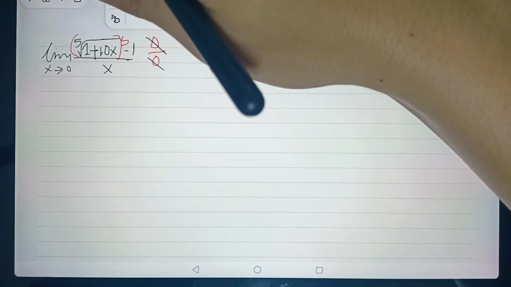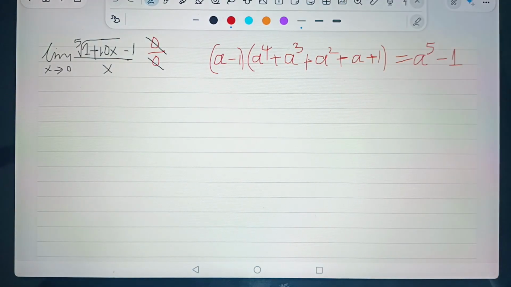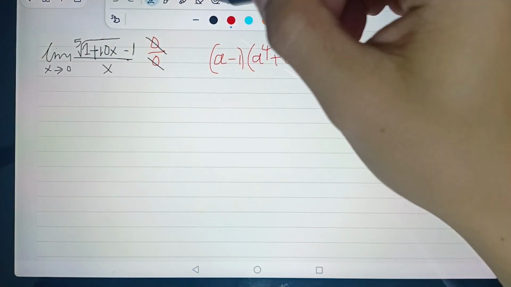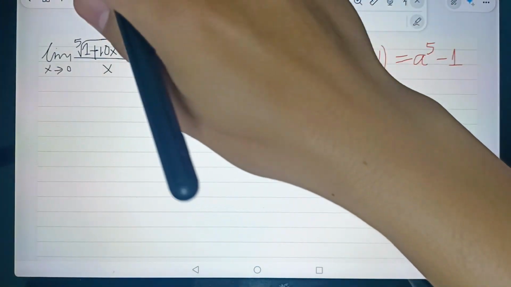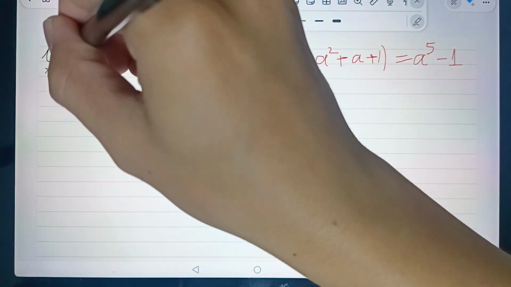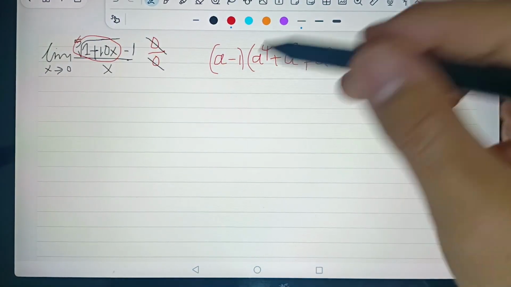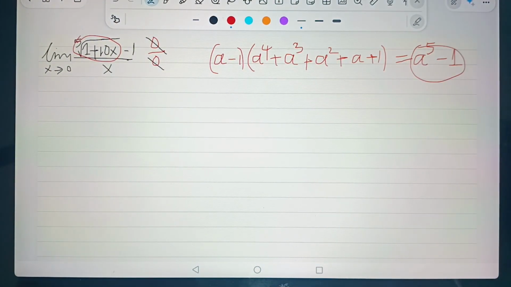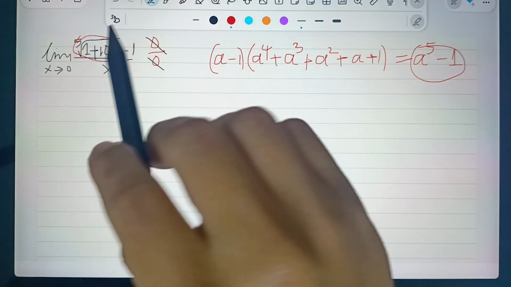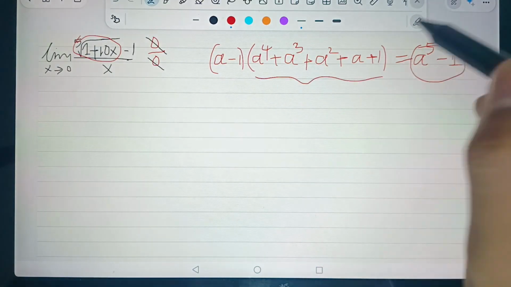All right, so let's apply this formula. In this formula, we consider this whole thing as a. In order to have this, we need to multiply this by this expression.